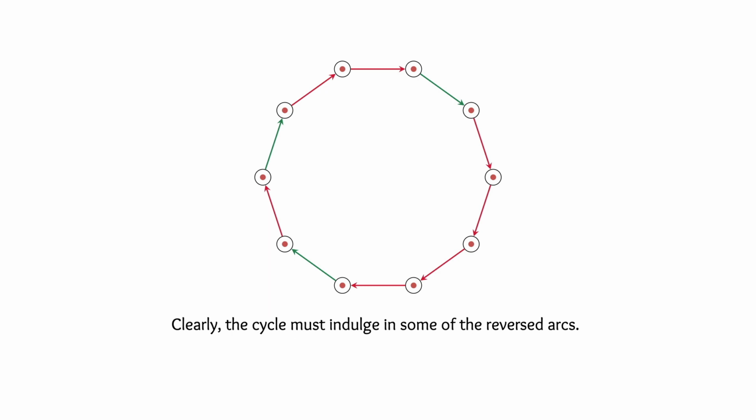But now recall that these green edges belong to a minimal deletion set, which means that originally these arcs were facing the other way, that is, before the reversals. This was their original orientation, and with respect to their original orientation, each of these arcs did participate in a cycle, because if these arcs did not participate in any cycles, then they wouldn't have had a license to belong to a minimal deletion set.